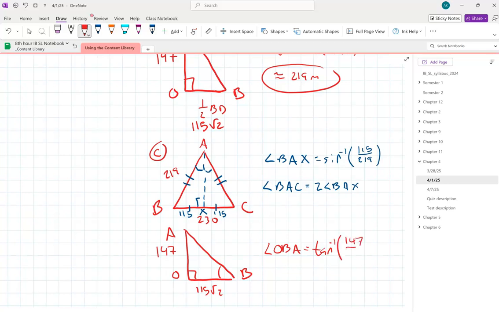So opposite over adjacent. And that should come out to be about 42 degrees. I should write this down. This was 63 degrees-ish. I just rounded to the nearest degree because that's what the textbook did. I'm just looking at their answers, so I don't have to type in my calculator.